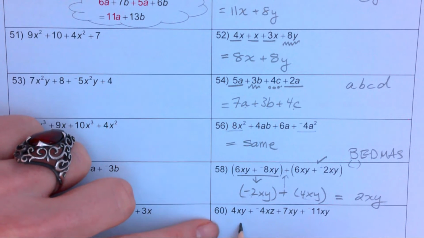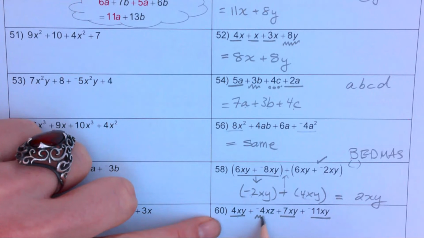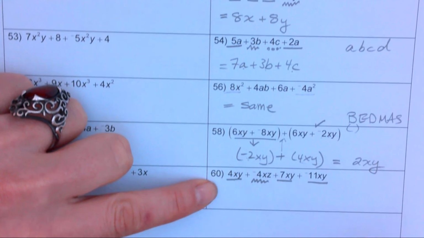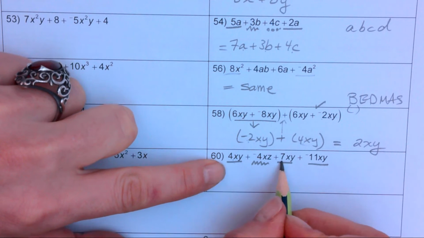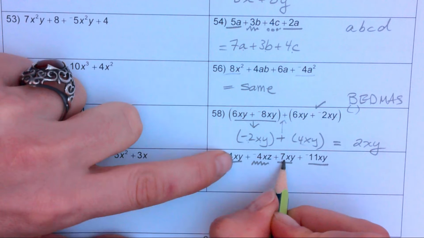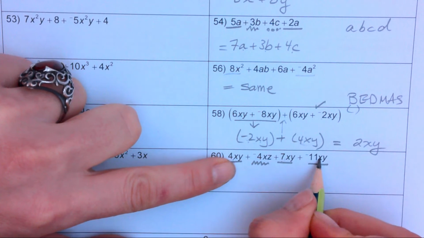Next one. XY. This one's an XY, XY, XY, and he's all by himself. So I have 4. 4 plus 7 is 11. Look, this is 11 together, and that's 11. This is positive, this is negative. So it's opposite.